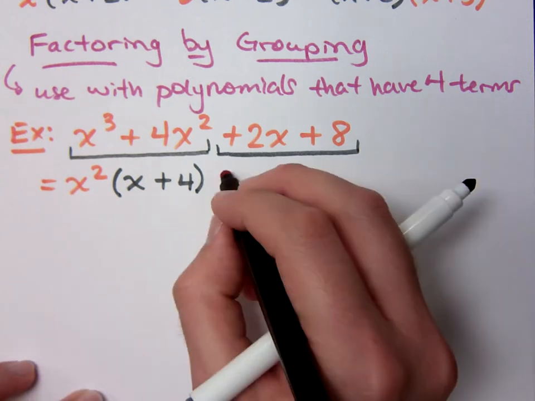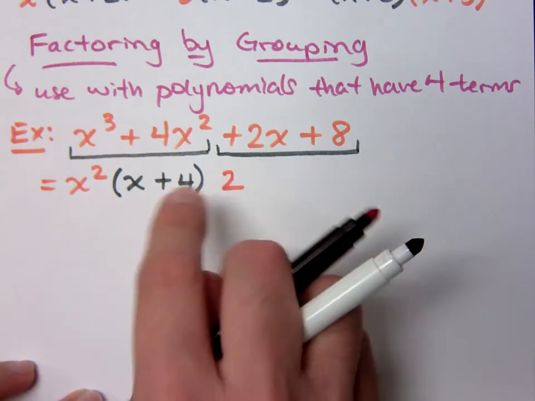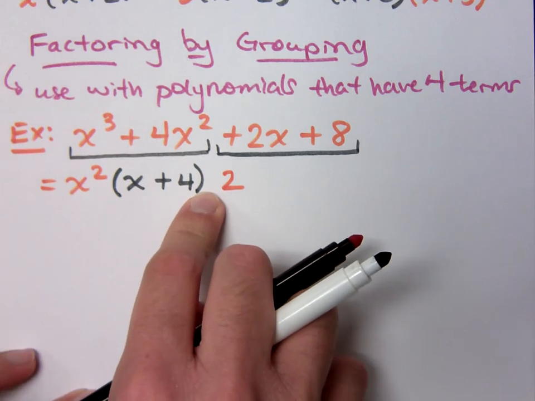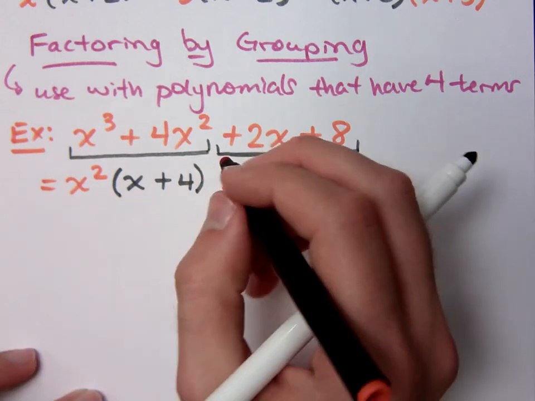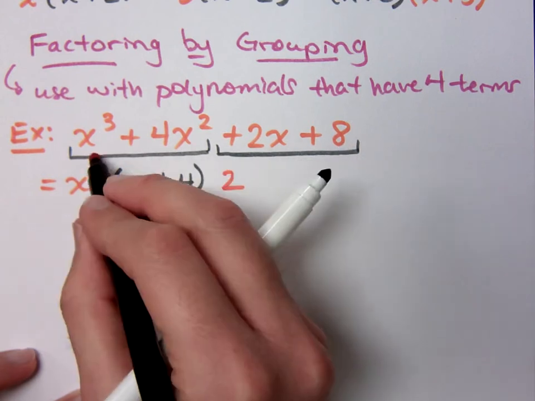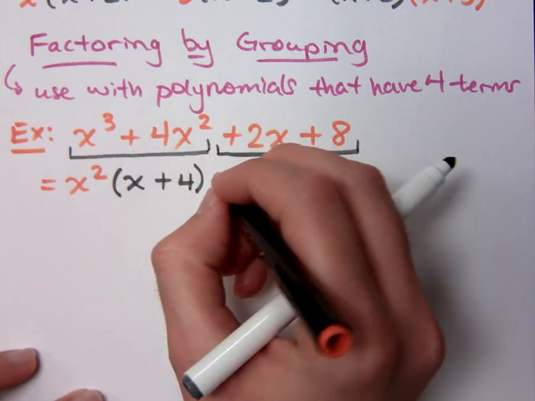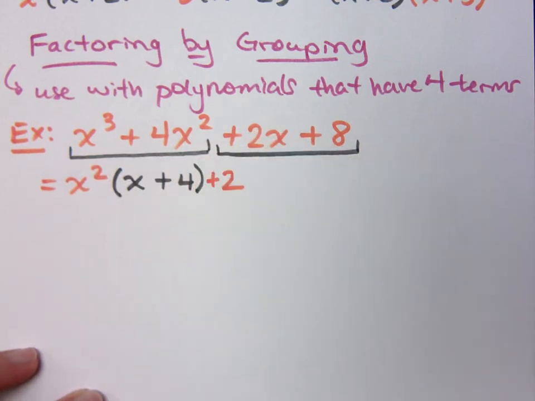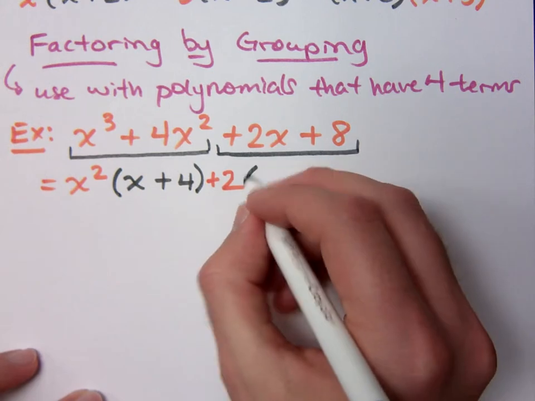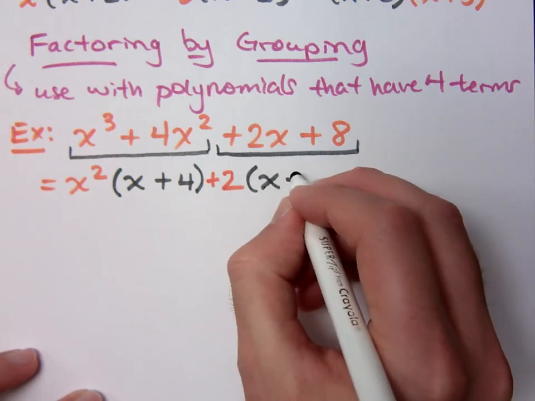Now you got to be careful, because if I just write 2 like this, it looks like maybe it's multiplication with this guy. But was this stuff being multiplied times the first two terms? No. It was addition, right? So it's a plus 2. If I take out a 2, what do I have? x plus what? 4.